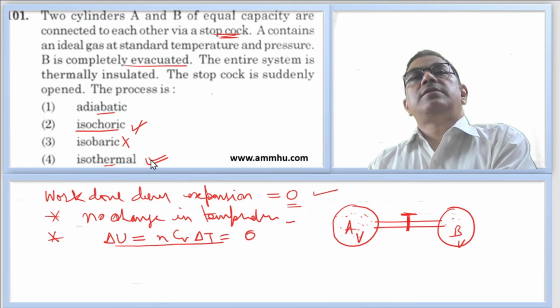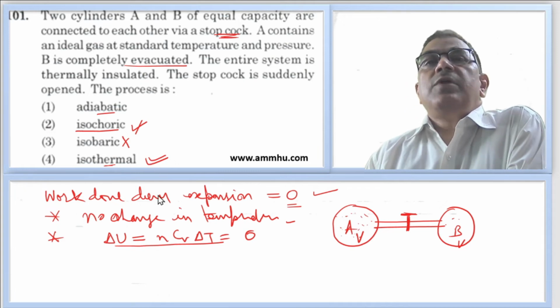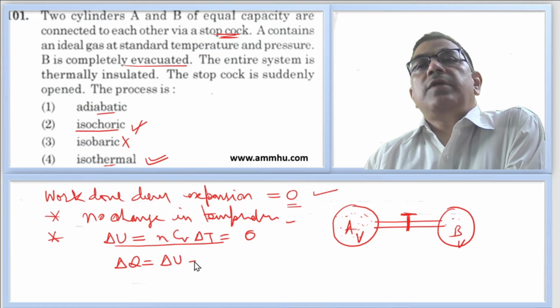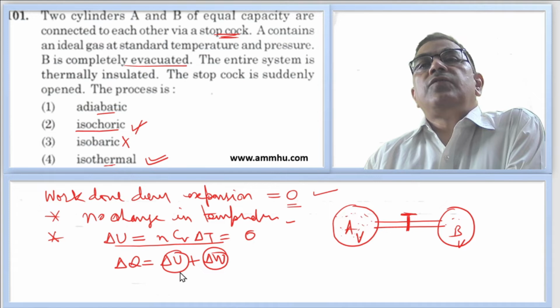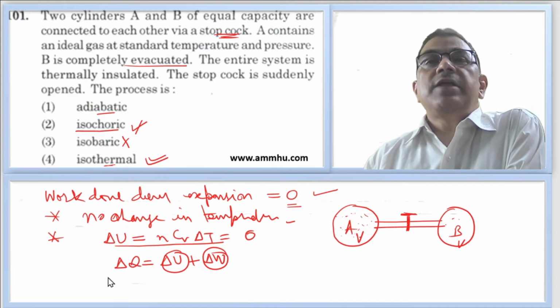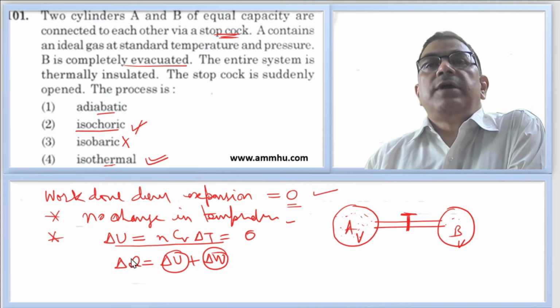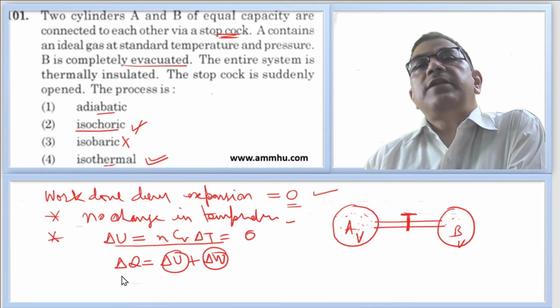Some of you might wonder why, because if I take this relation, delta Q is equal to delta U plus delta W, this is zero, this is zero, so the energy is not escaping anywhere. This is thermally insulated, so this may confuse you that it could be an adiabatic process. But why is this not an adiabatic process?